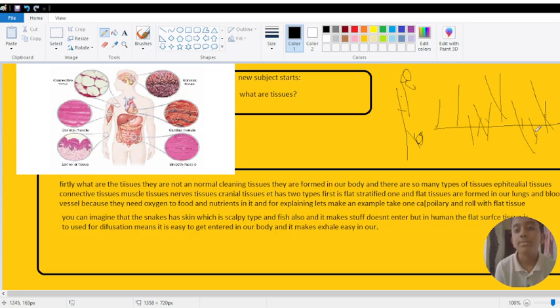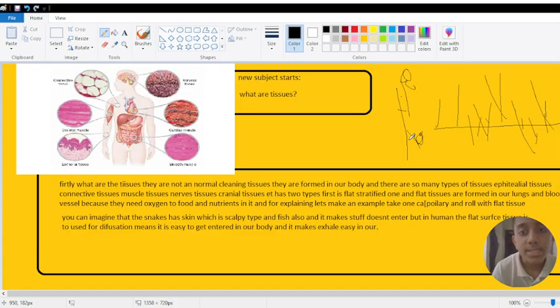If we didn't have this hair type of tissue, the food could get stuck in our windpipe and we couldn't swallow easily. Because of that we have connective tissues in our body.